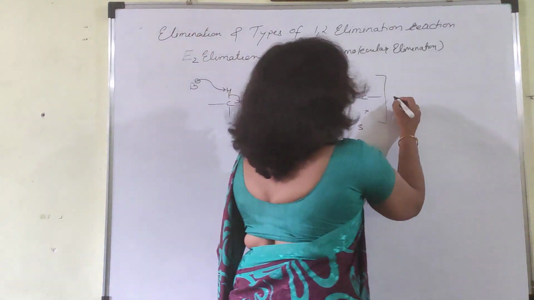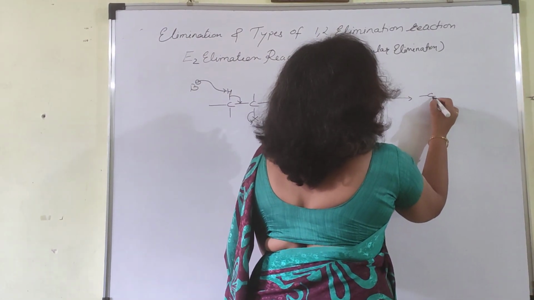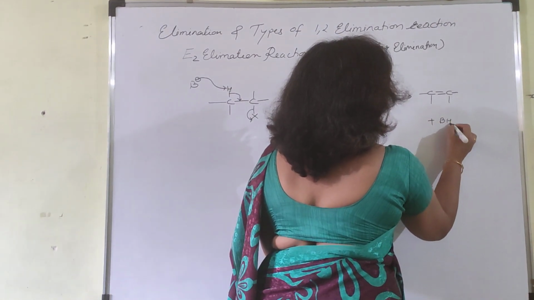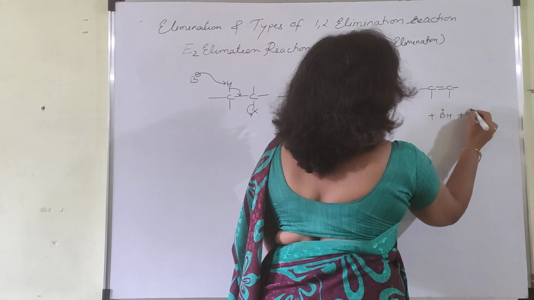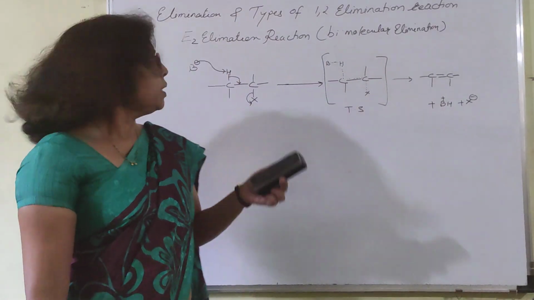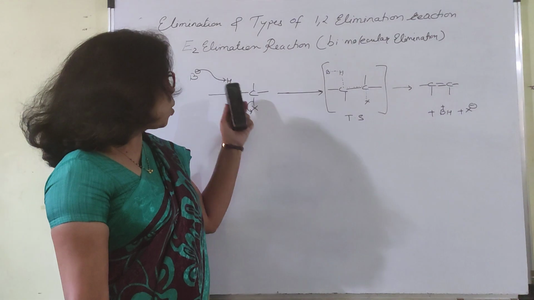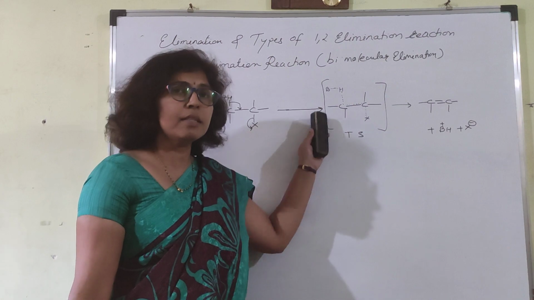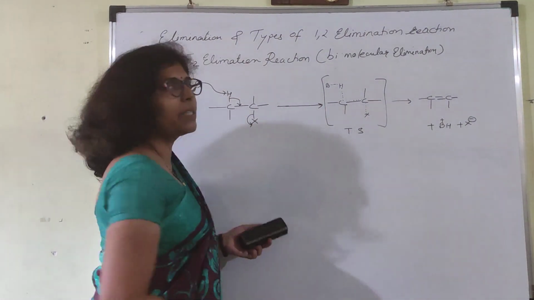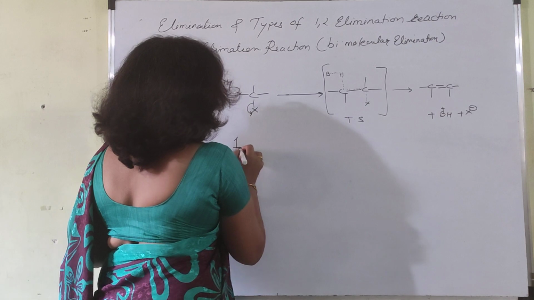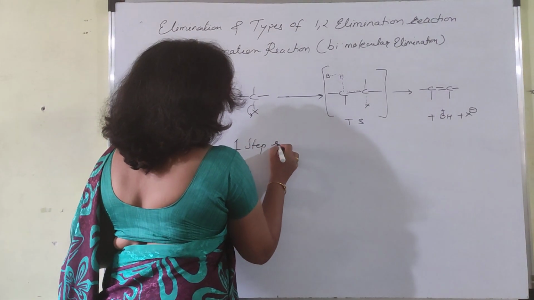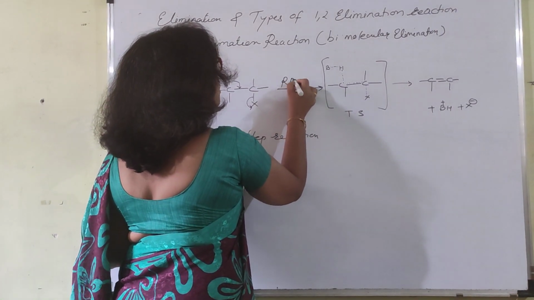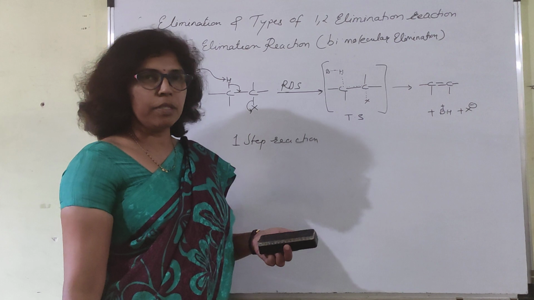The transition state further gives you the product. Now, in case of E2 elimination, since all bond breaking as well as bond formation takes place in a single step, this is a one step reaction, and this is your slow step, or the rate determination step.